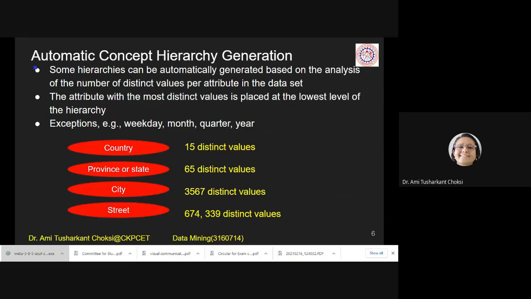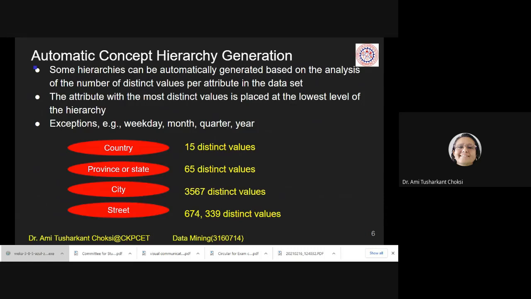Then cities inside all these states. For Gujarat, say for example, 100 cities are there. For Rajasthan, say 100 cities are there. So what we do is we sum up the cities for all these states, for India and for all the other countries we have considered.